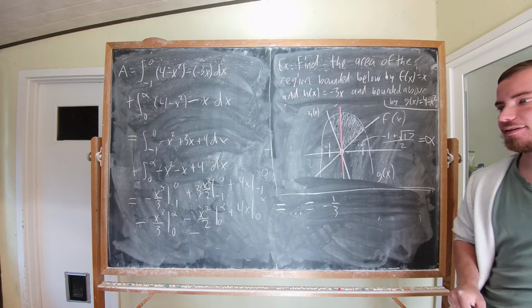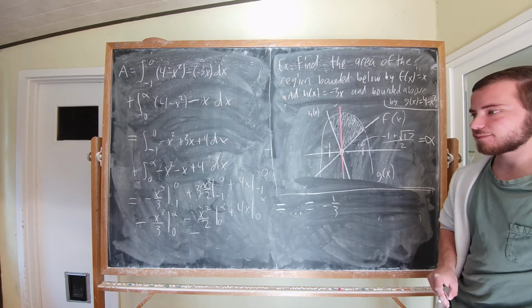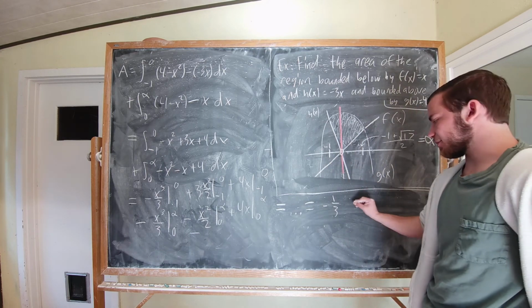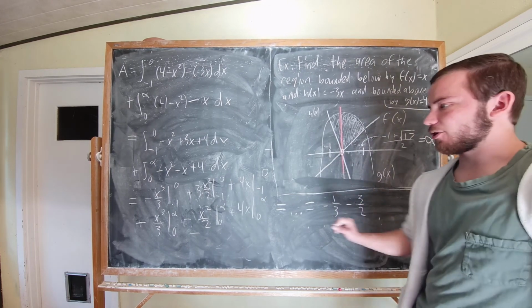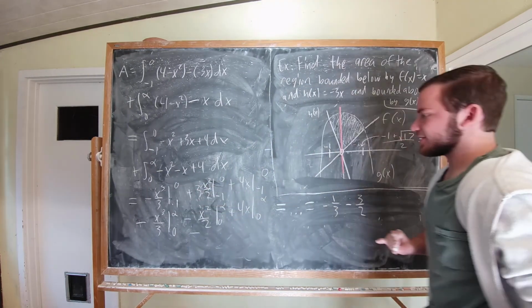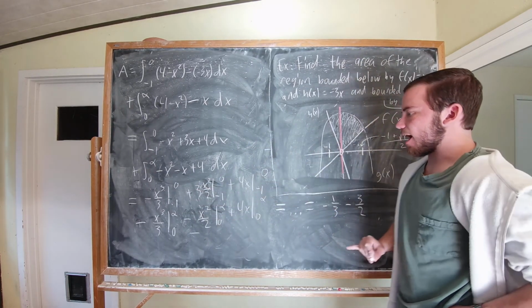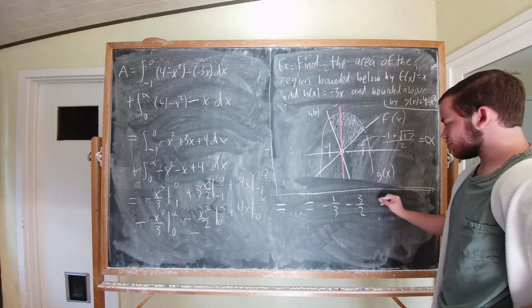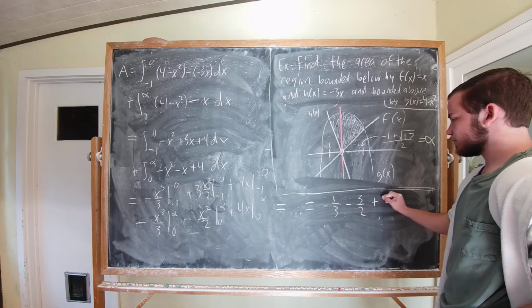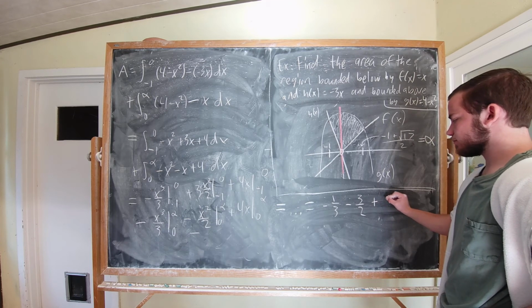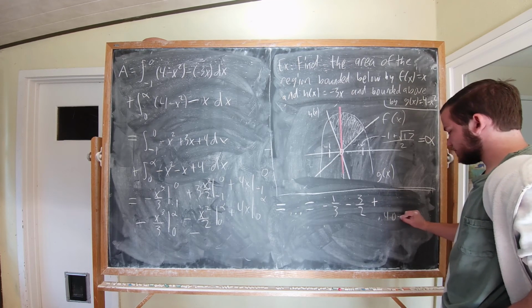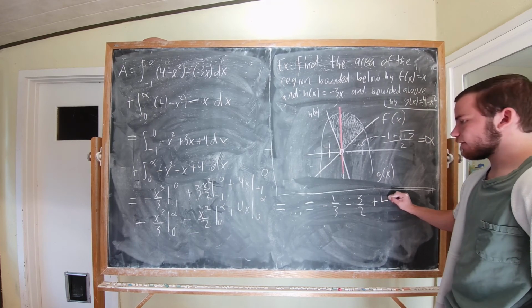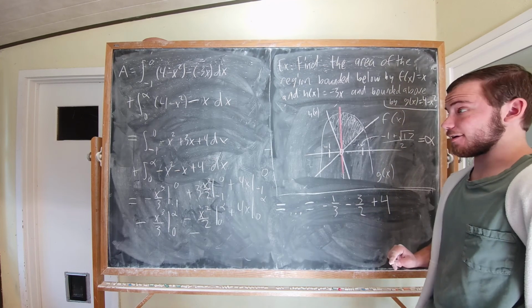Right? Yes. Plus, okay, so that'll be minus 3/2. So you'll have -1/3 minus 3/2. Let's see here. That'll be -4. Yeah. So plus 4 right there.